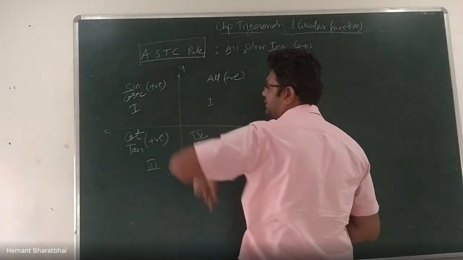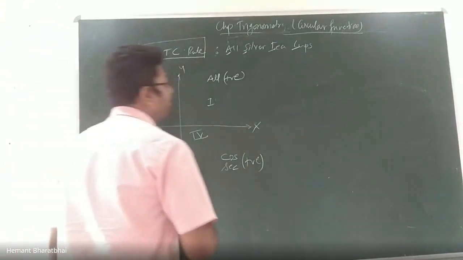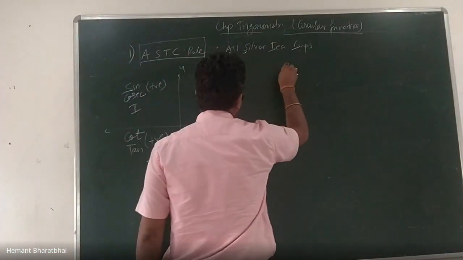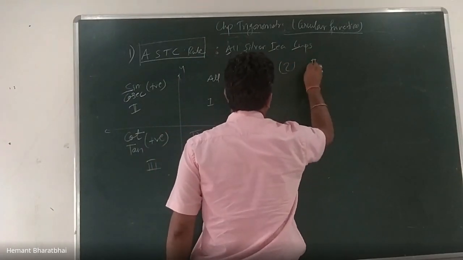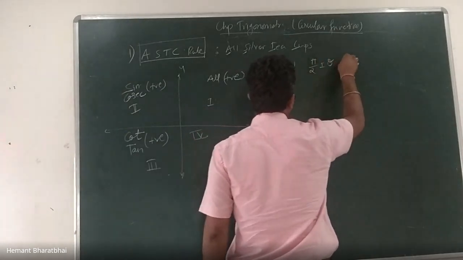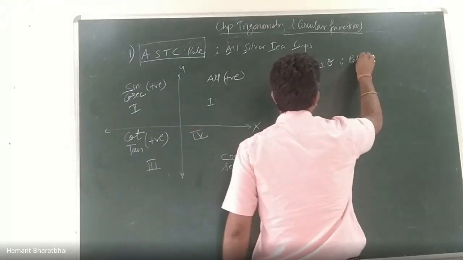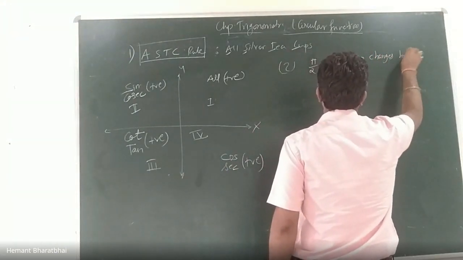Before this, there are two things which we do simultaneously. First is this, and the second, you remember like this. Whenever it is pi by 2 plus or minus theta, ratio changes to co-ratio.